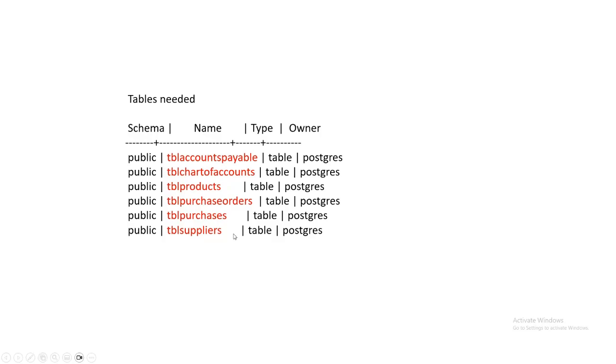We already explained this a little earlier. Suppliers and the products are the lookup tables, and the purchase orders and the purchases you could consider as transaction tables, and the accounts payable and the chart of accounts are for purposes of our accounting.